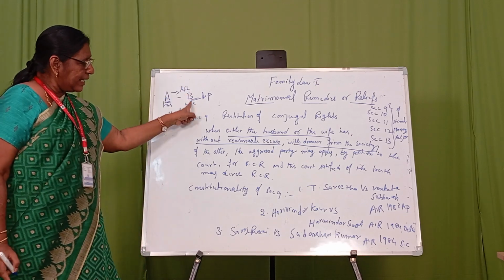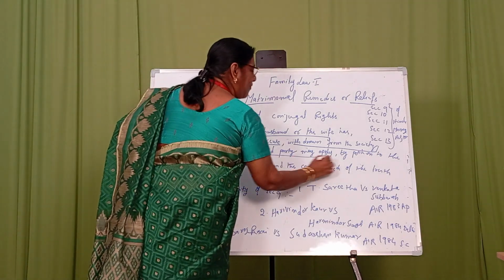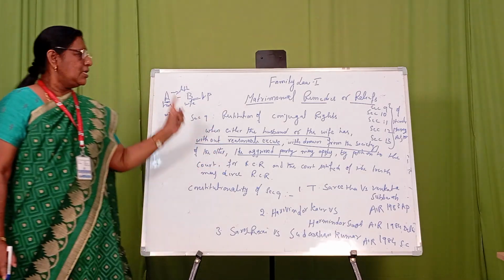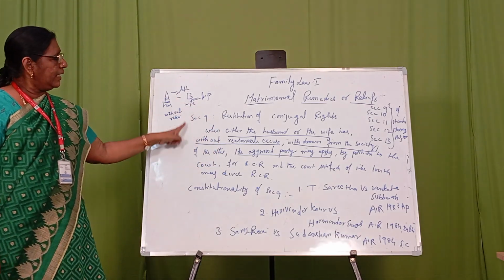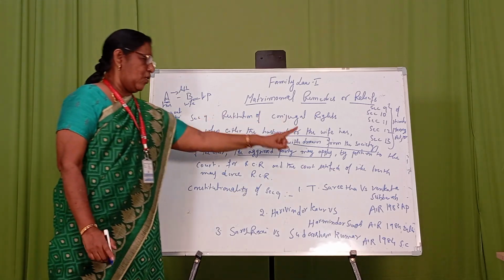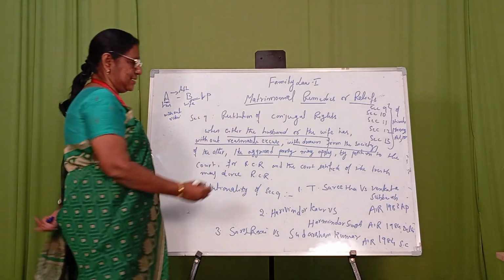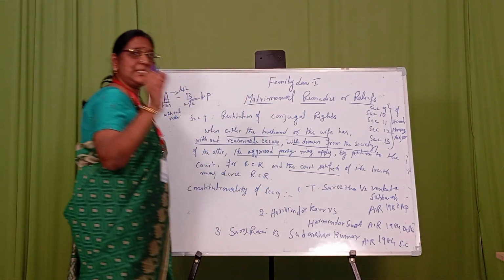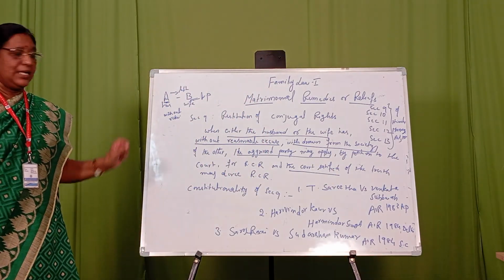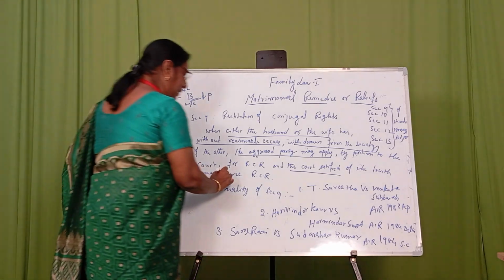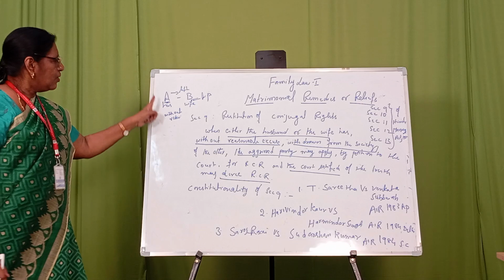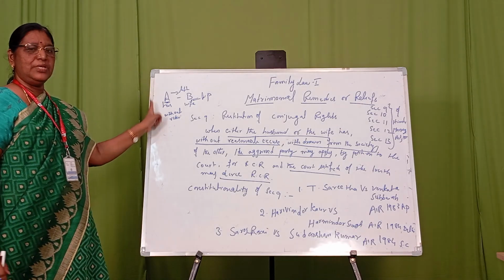The aggrieved party may file a petition in the court, that is the family court. Under Section 9, the aggrieved party can file a petition in the court. Once the court is satisfied that the statements made by the aggrieved party are true, the court may decree restitution of conjugal rights against the other party who has left the matrimonial house.